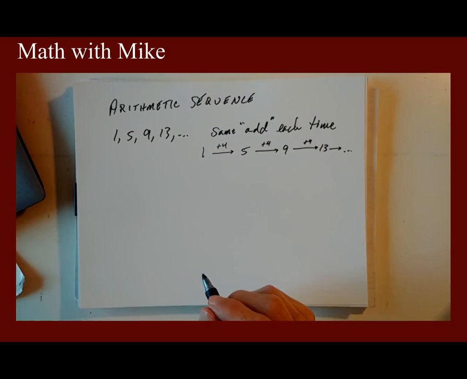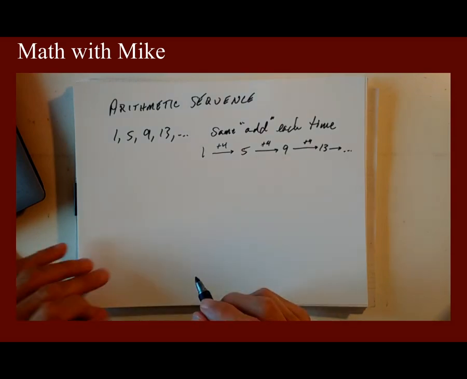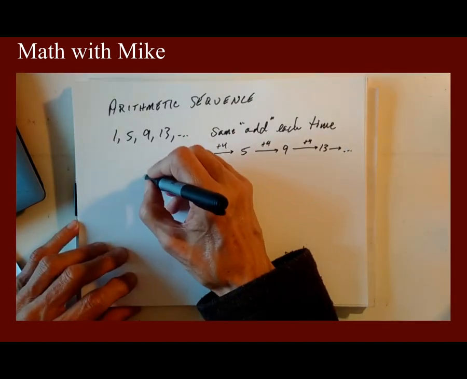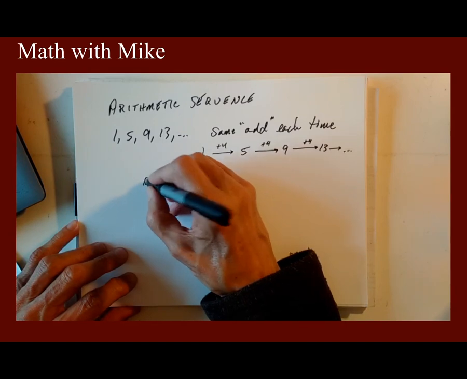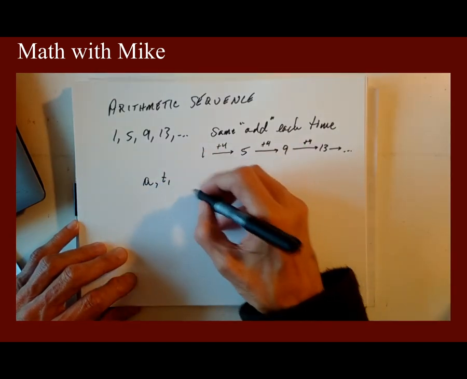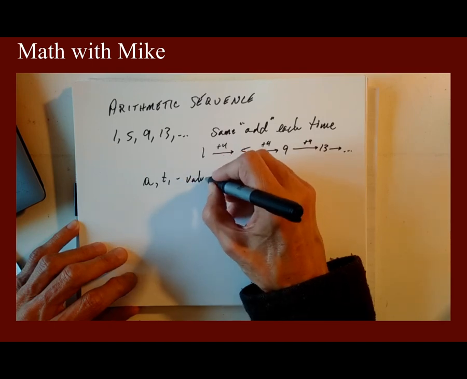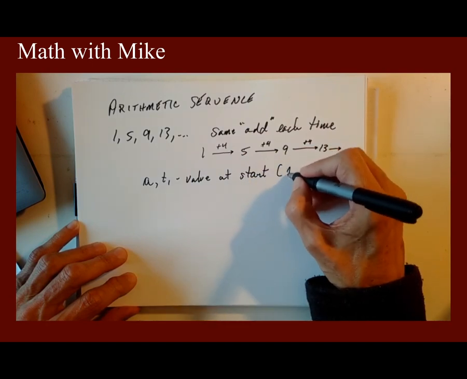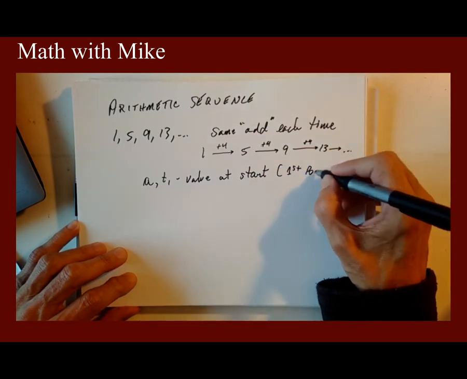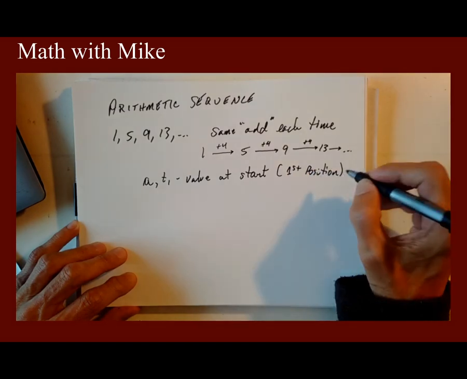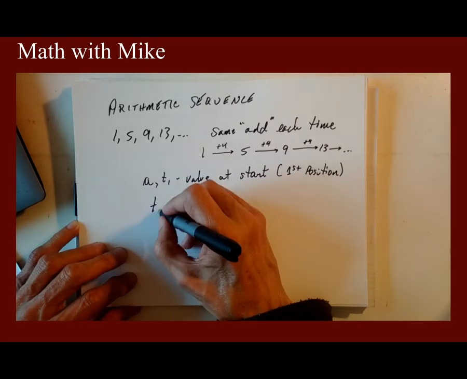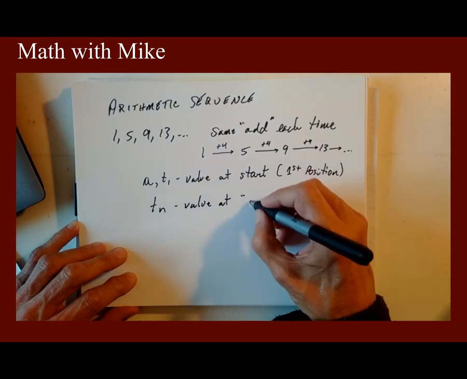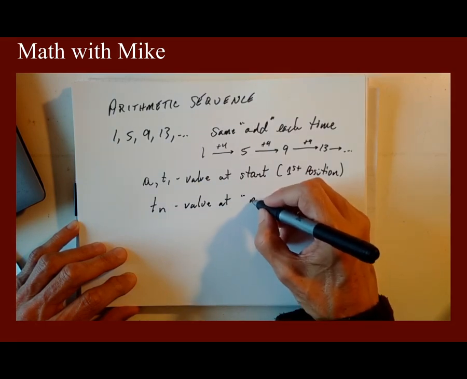Alright, so I have to add this now to our list of symbols, just to rehash them so they're all in one nice place. We have A, or sometimes T1, the value at the start, in other words, the first position, position 1. We have Tn, which is the value at position n.